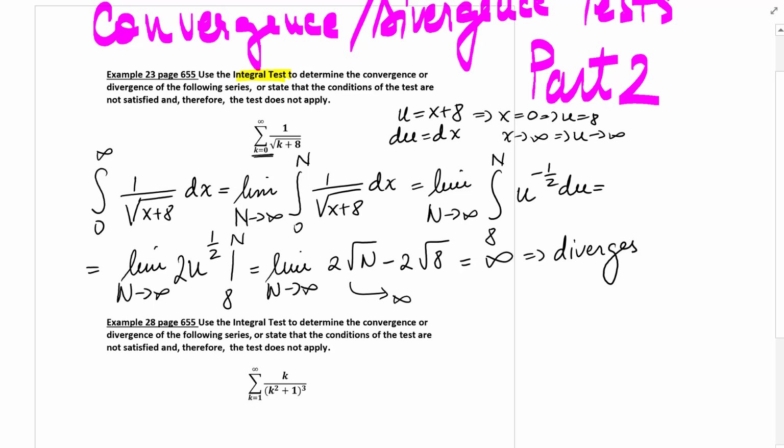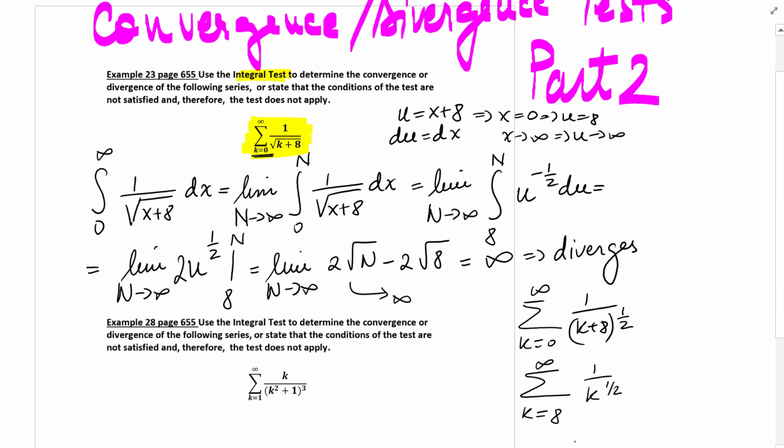I also was thinking of the p-series when I saw this. This one is the sum as k goes from 0 to infinity of 1 over (k plus 8) to the 1 over 2. So this looks like a p-series. Maybe I can translate it into k going from 8 to infinity of 1 over k to a half.